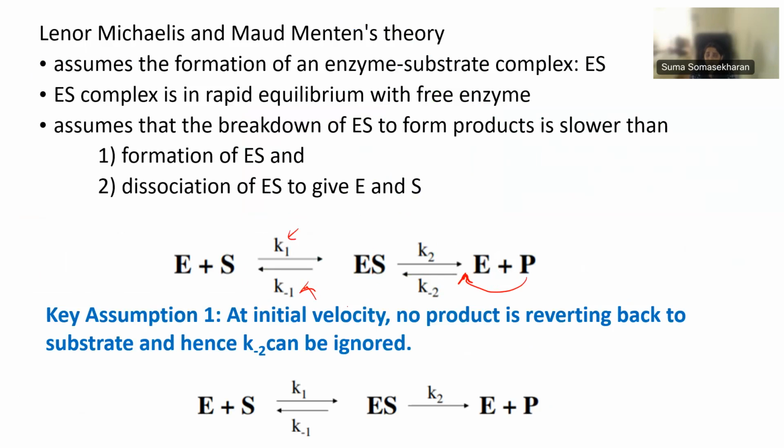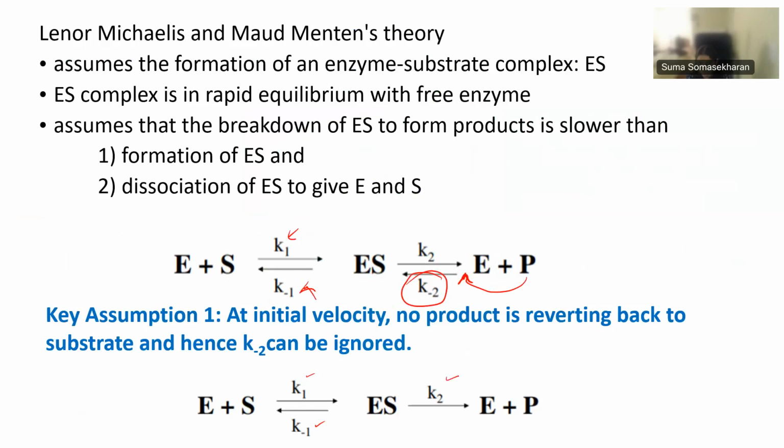It does not revert back, and therefore we can ignore K minus 2. And so you can rewrite this equation as E plus S giving you ES, giving you E plus P, defined by these three rate constants.